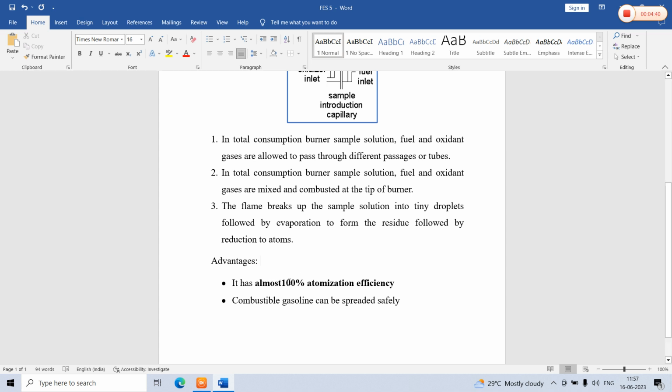So the production of 100% free neutral atoms means almost 100% efficiency. That is the best advantage of the total consumption burner.